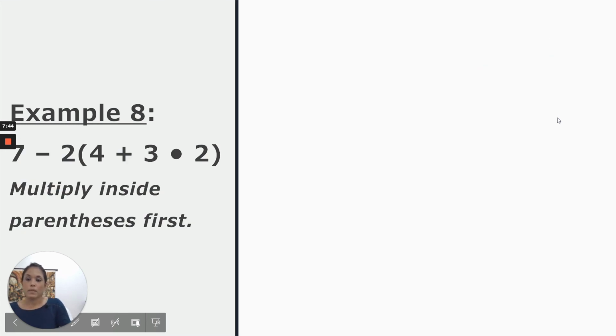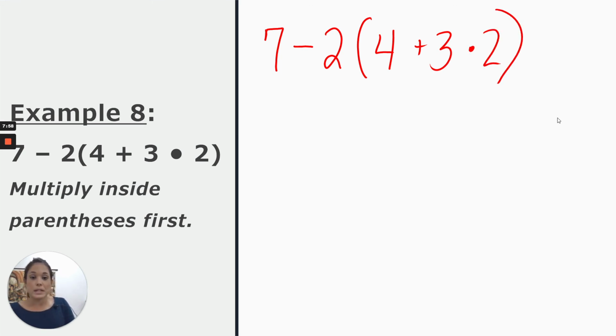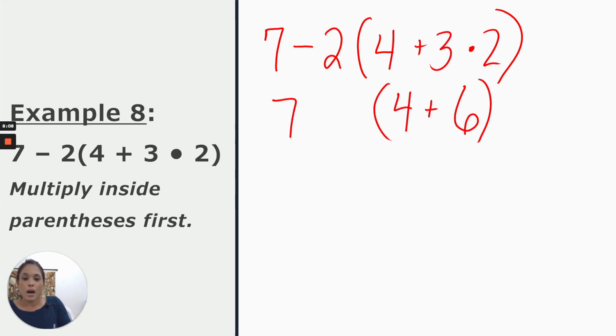Last example. 7 minus 2, and in parentheses, I have 4 plus 3 times 2. Now, if you have a problem that has parentheses, everything must be completed in the parentheses first. 3 times 2 is 6 plus 4, and I'll rewrite my problem. 4 plus 6 is 10.